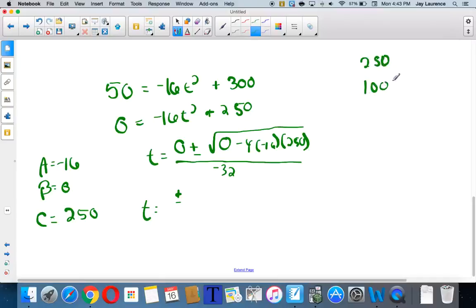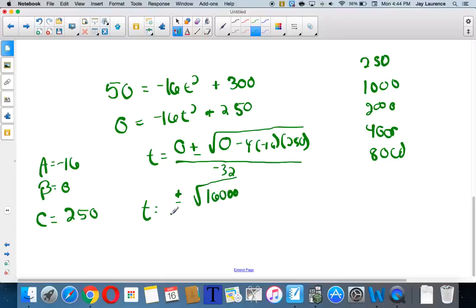Now I have to double it 4 times, so that would be 2,000, 4,000, 8,000, and I think 16,000. I think it's going to be 16,000. Let me just double check. 4 times 16 times 250. Yeah, 16,000. So now I need the square root of 16,000.